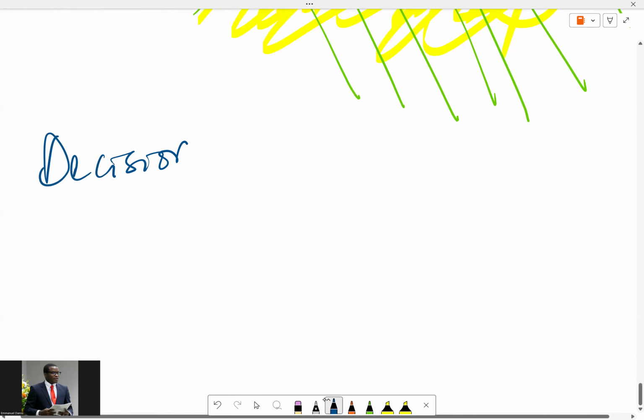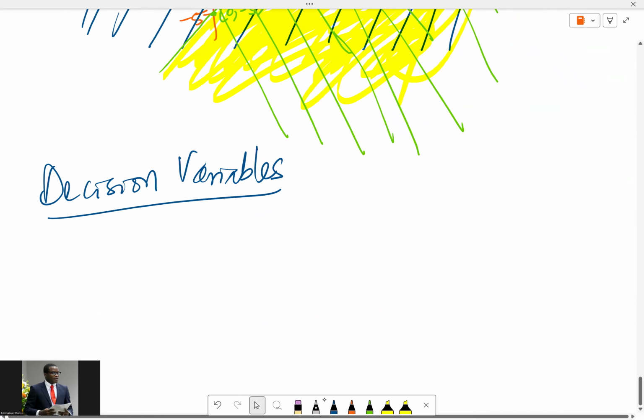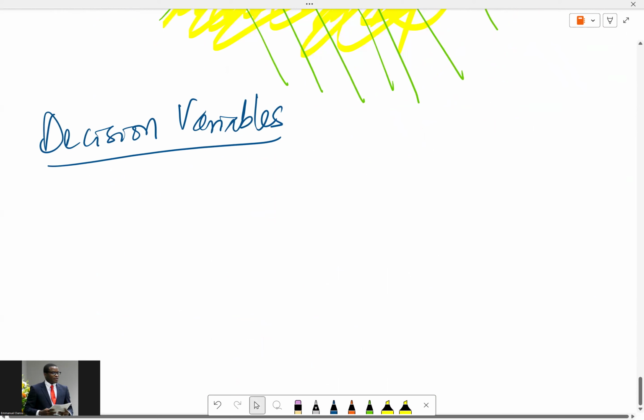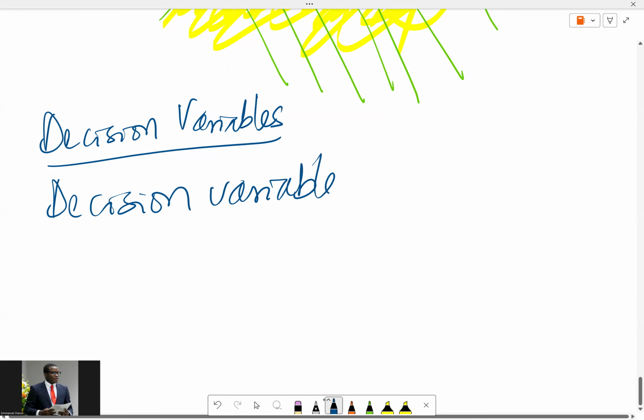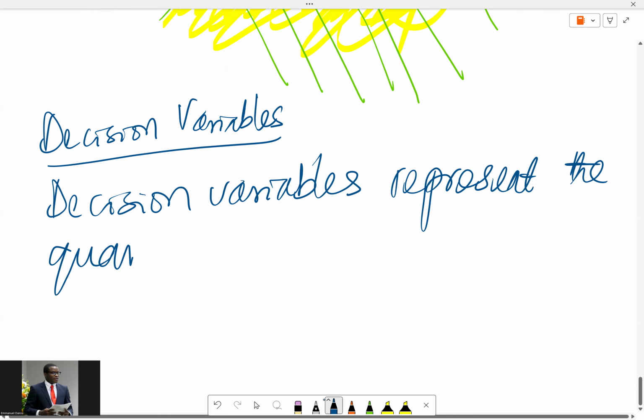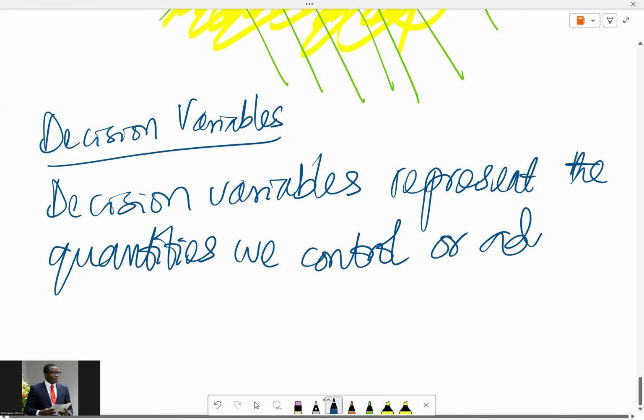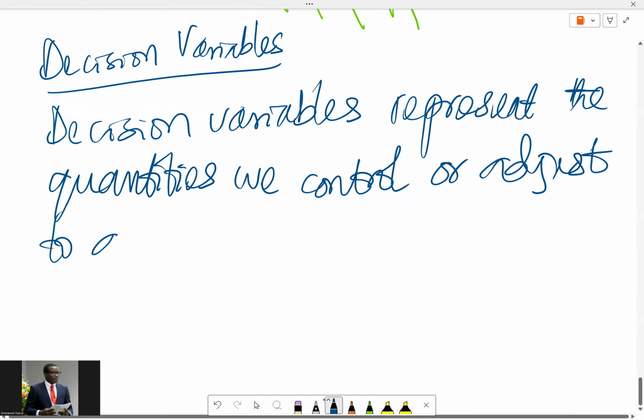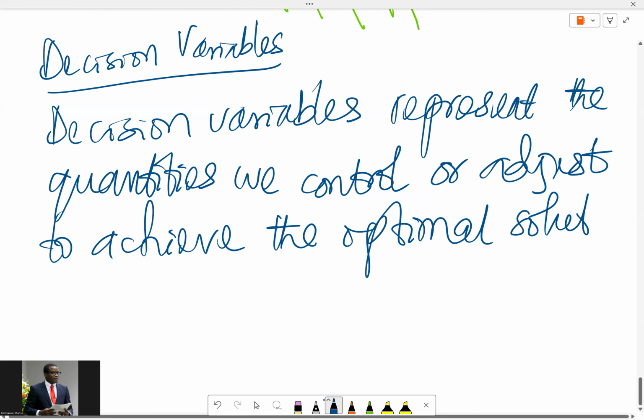Decision variables represent the quantities we control, or adjust, to achieve the optimal solution.